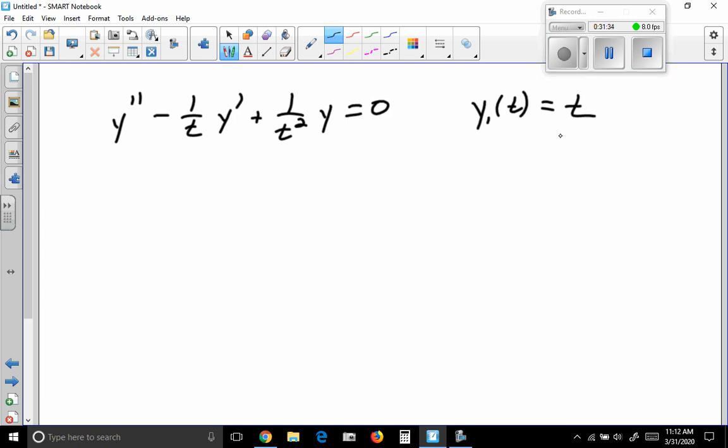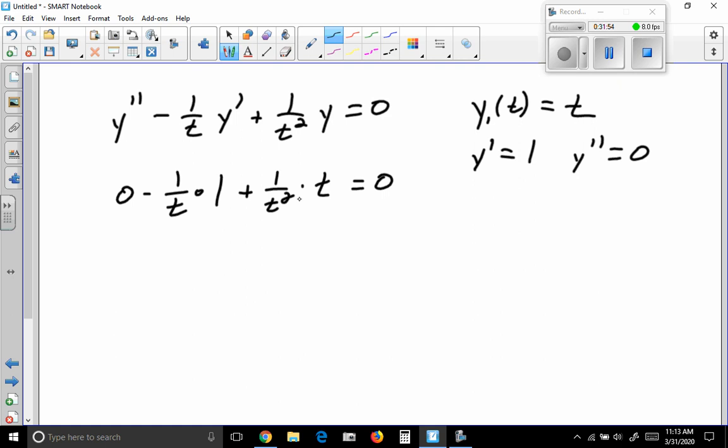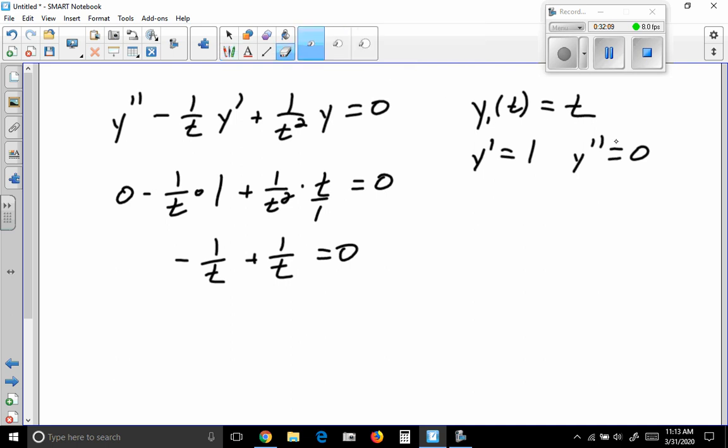The derivative of t is 1. The second derivative of that is 0. So 0 minus 1 over t times 1 plus 1 over t squared times t equals 0, and that's true. T over t squared reduces to 1 over t. 1 over t times 1 is 1 over t, and those do make 0. So, yes, indeed, that one is a solution.